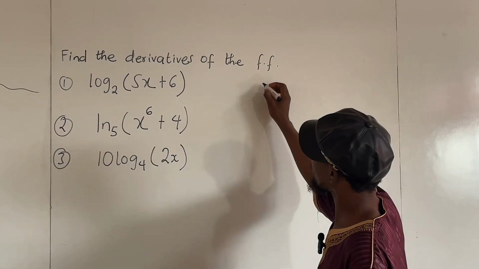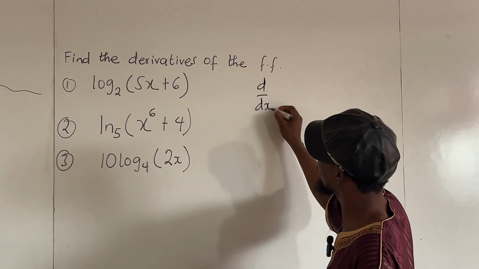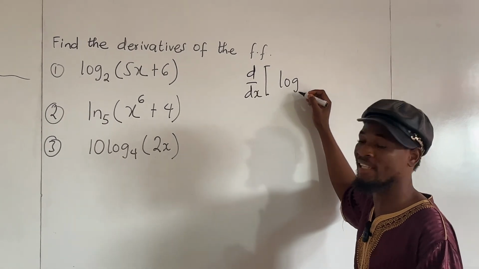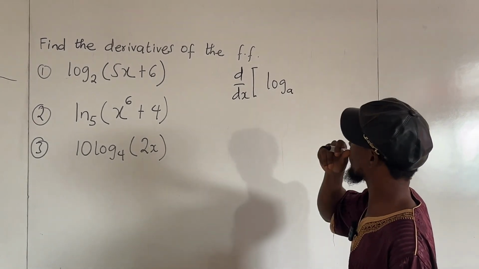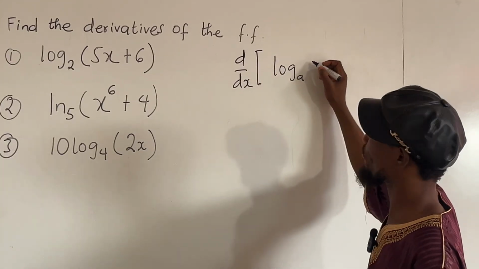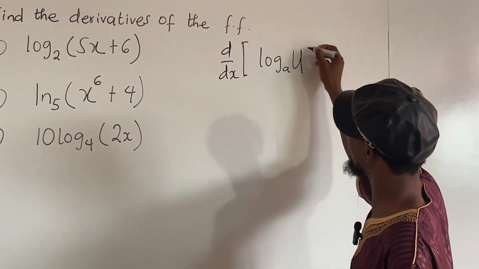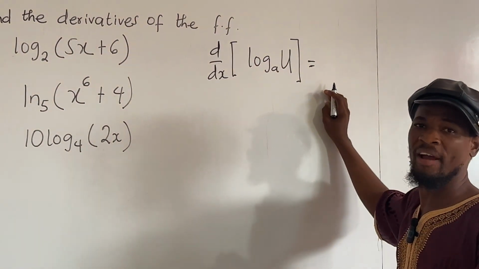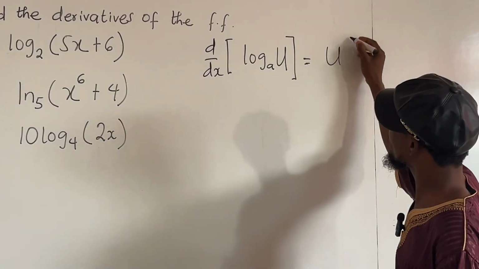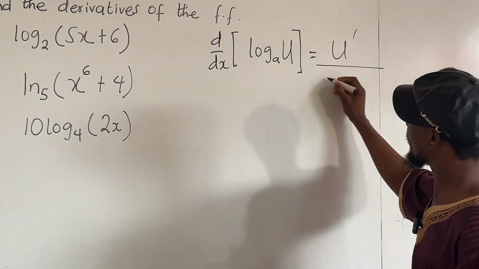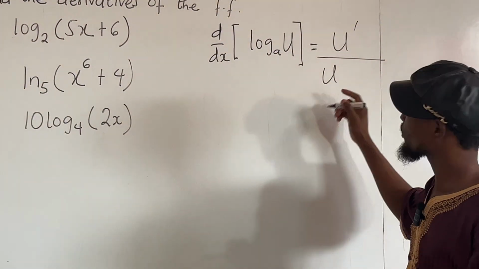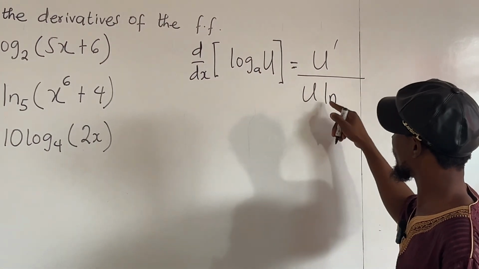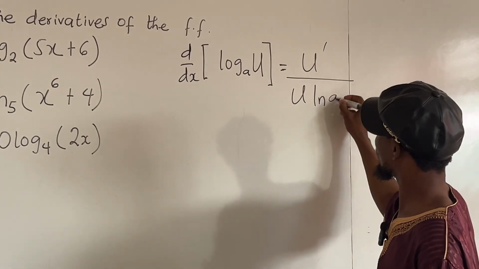Let's say the derivative of log to a certain base a of a function u is equal to, we go by the normal norm, u differential, all over the function u, then multiplying by the natural log of a.